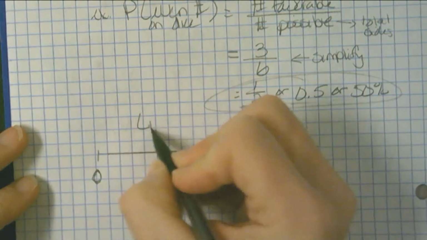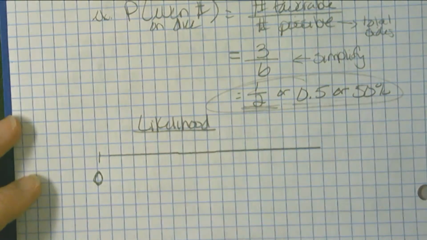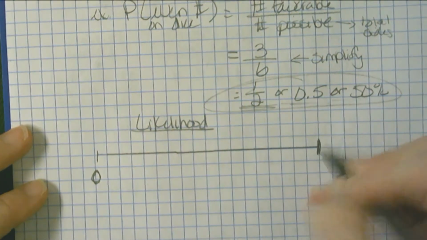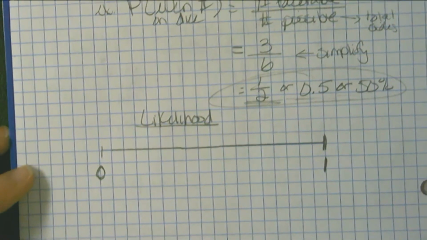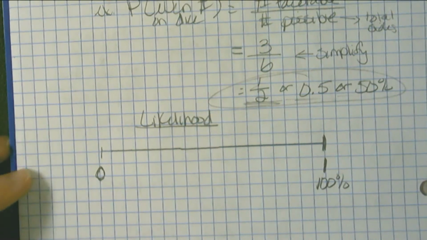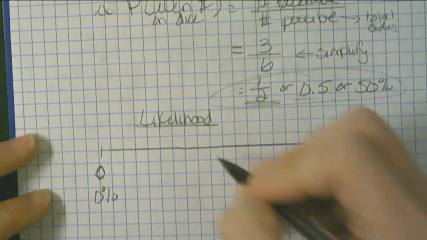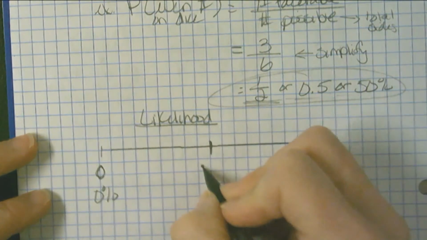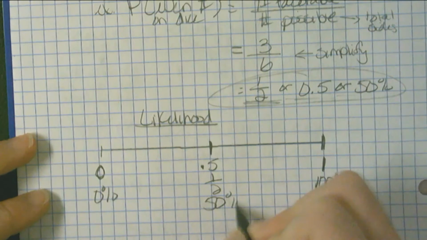This is our likelihood number line. On this end, we have a 1, or 100%. 0 is 0%. Right in the middle is going to be 0.5, 1/2, or 50%.